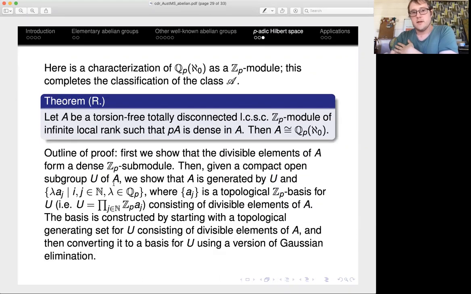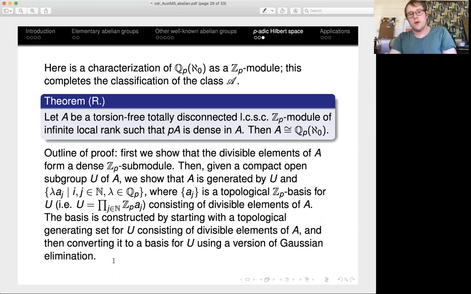And the argument is basically that, first of all, you show that the divisible elements are actually dense and a ZP submodule. And then basically you find a map from the minimal divisible extension of A to the minimal divisible extension of QP aleph naught that sort of takes a basis to a basis.